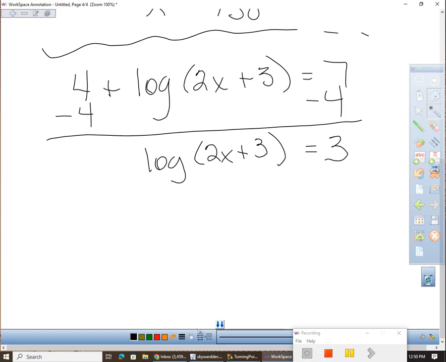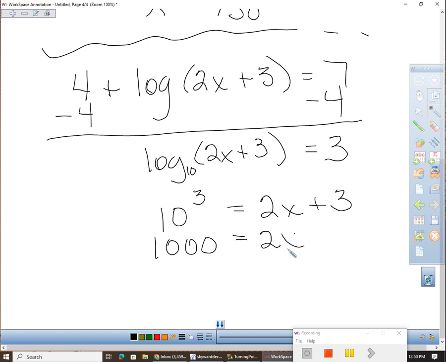Now that the log is by itself, I can change this into exponential form. My base, remember, is 10. So I have 10 to the third power equals 2x plus 3. 10 to the third is 1,000 equals 2x plus 3.